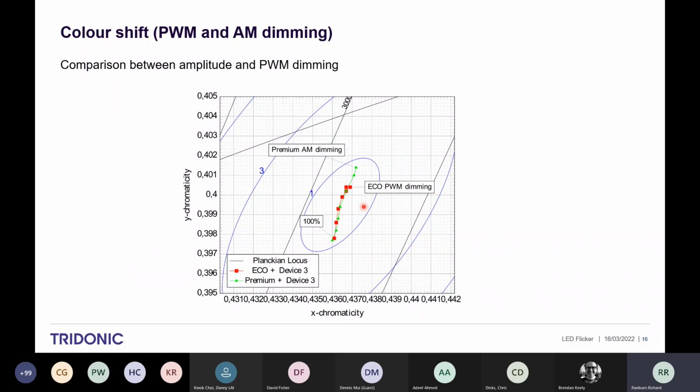We're not having the switching on and off anymore. So much fewer problems now that we've moved over to amplitude control, and also that most drivers now have actually very low output ripple.